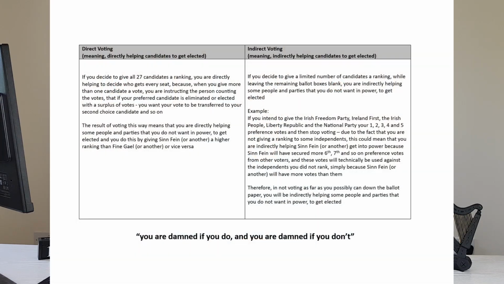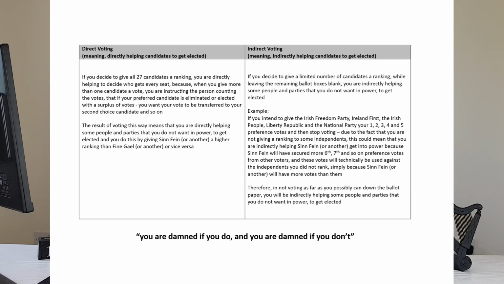In my view, there are 2 methods of voting, which I will refer to as direct voting and indirect voting. So if you decide to give all 27 candidates a ranking, you are directly helping to decide who gets every seat, because as I said earlier, when you give more than one candidate a vote, you are instructing the person counting the votes that if your preferred candidate is eliminated or elected with a surplus of votes, you want your vote to be transferred to your second choice candidate and so on.